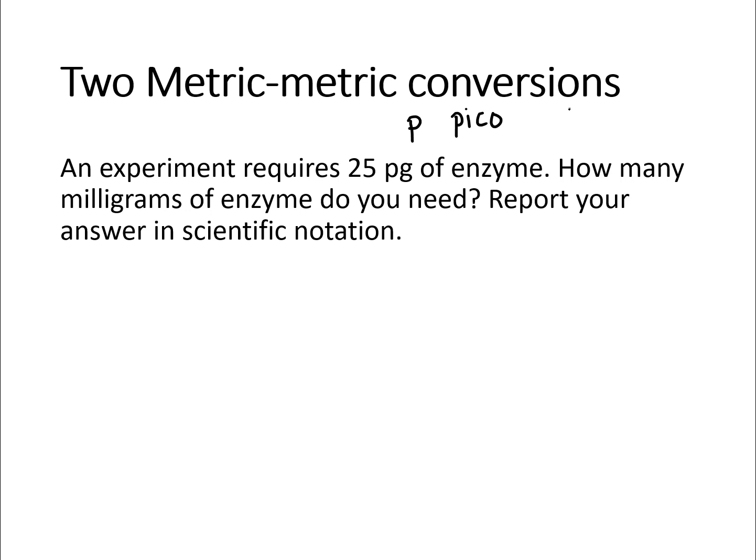I'm not writing out all the zeros. And that is going to be 10 to the minus 12. Milli, the chart will tell you 1 times 10 to the minus 3.